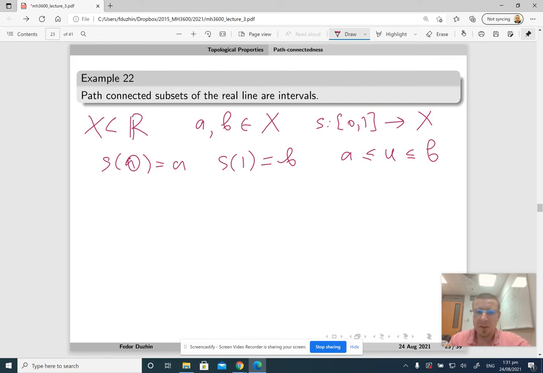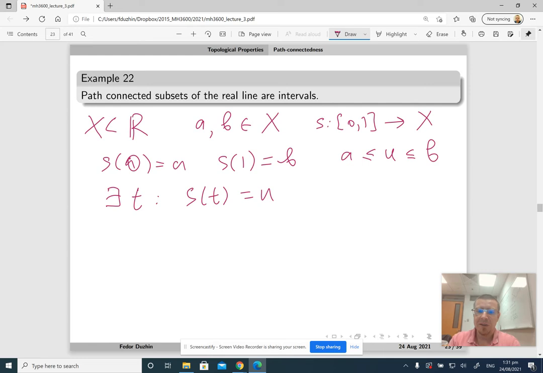Since our function s is continuous, according to the intermediate value theorem, s of 0 is a, s of 1 is b, and u is between a and b. So there exists some t such that s of t is u.